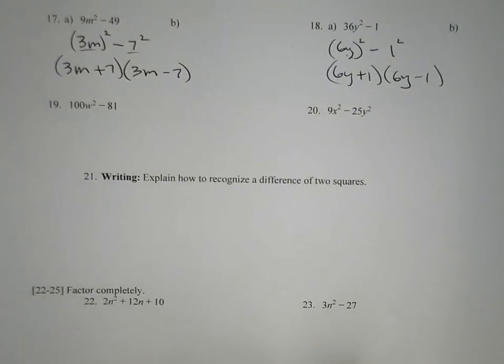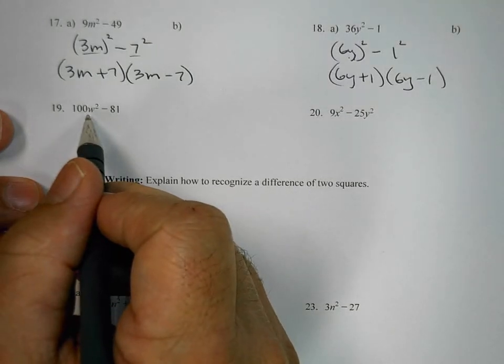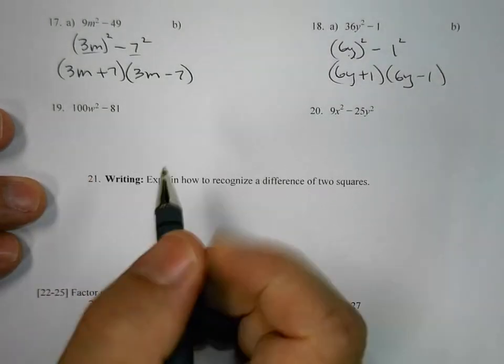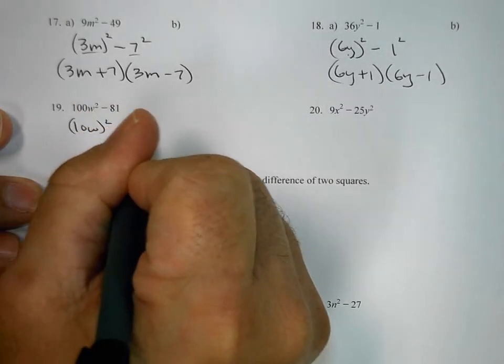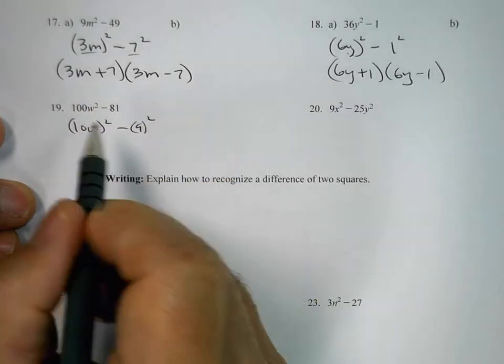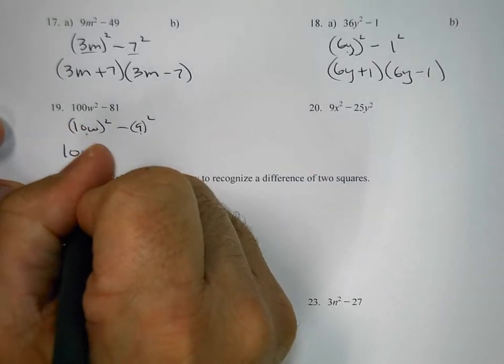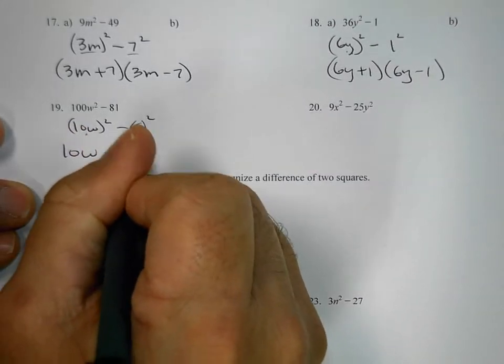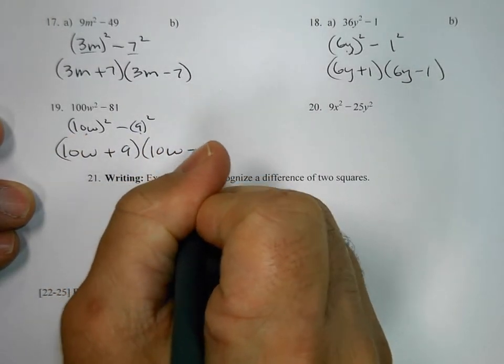Moving on. 100w squared minus 81. Well, this can be 10w squared minus 9 squared. A plus b times a minus b, or 10w plus 9 times 10w minus 9.